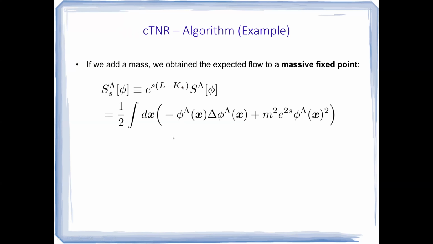And indeed, if we just naively plug in the same RG flow generators that we had, we see that the scale-dependent action becomes something where the CFT part is invariant, because it's the same one that left the CFT alone invariant, and then the massive term just gets a particular weighting of an exponential that is driving you to the infinite mass fixed point. So that's just naively; it needn't have worked in principle to just apply the same generators that we had, but it does provide a reasonable answer.